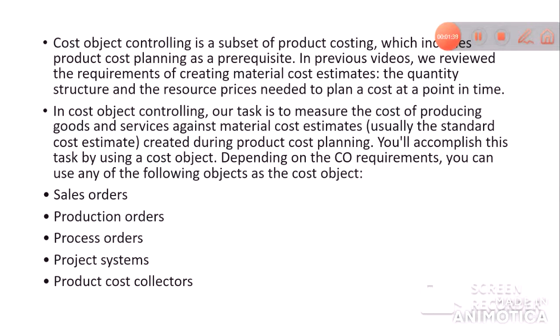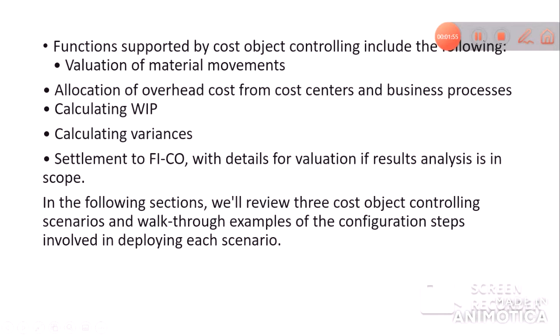Depending on the CO requirements, you can use any of the following objects as the cost object. It might be sales orders, production orders, process orders, project systems, and product cost collectors.